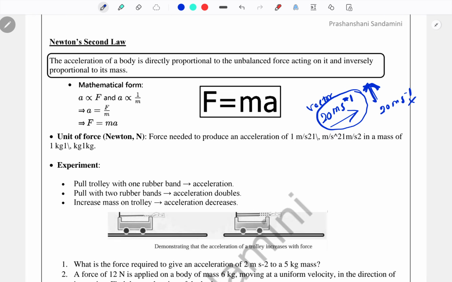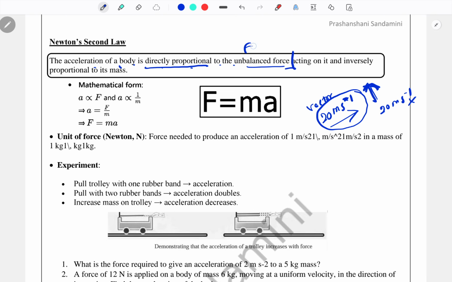Okay? The acceleration of a body is directly proportional, and this is the mass part, right? What is directly proportional? Think, if you increase something, as an example, what happened? Let me take this one. I will finish this part up to here. The acceleration of a body is directly proportional to the unbalanced force. I have talked about the unbalanced force many times.